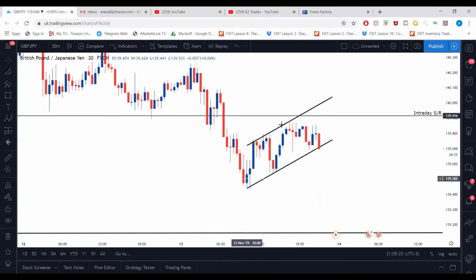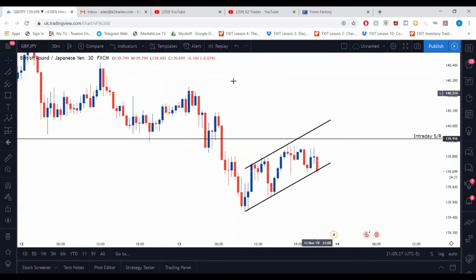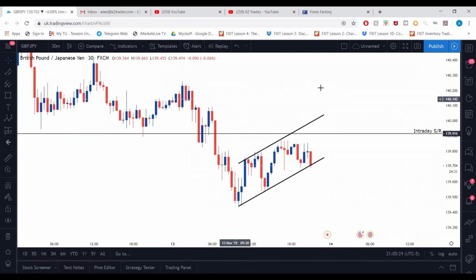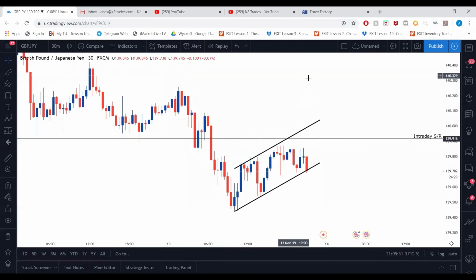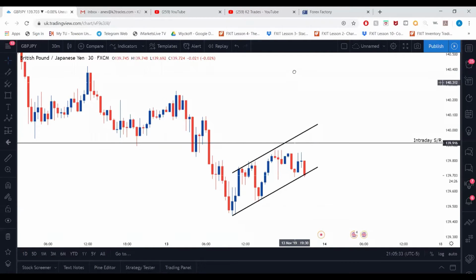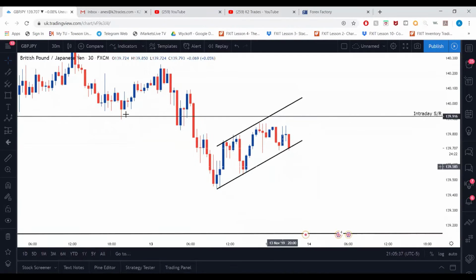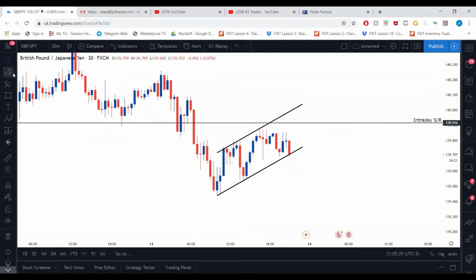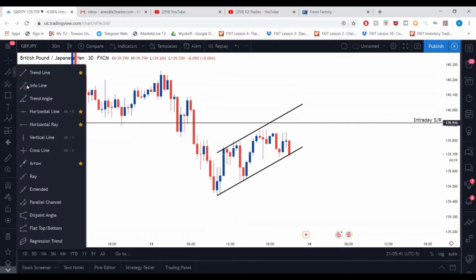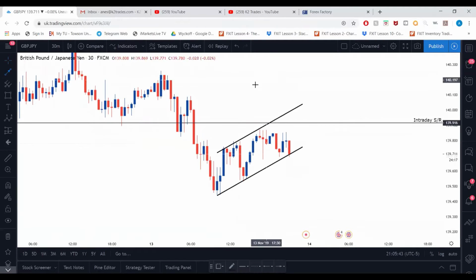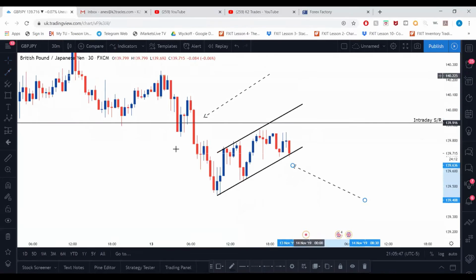Well, actually, rising wedge I like to see when it's on a bullish push, because a rising wedge would be the bearish reversal. This is a falling wedge, right? So I like to see, and also those two things combined right here, this push down and this channel together forms a bearish flag formation.